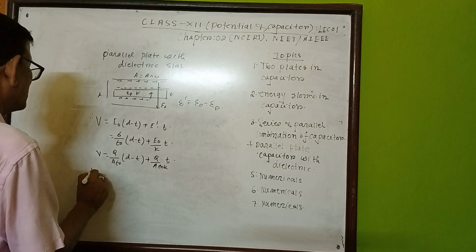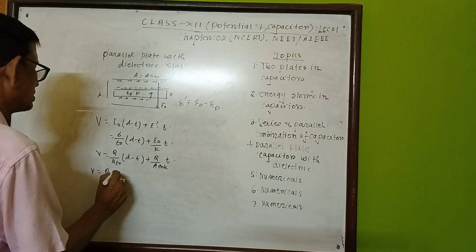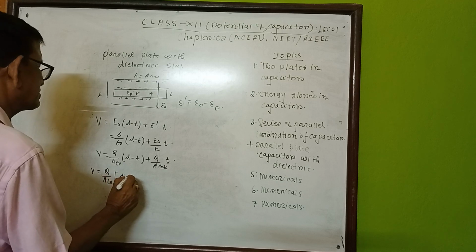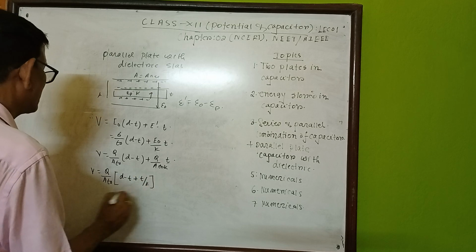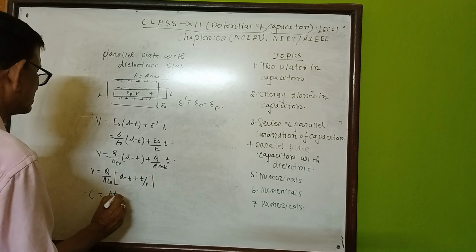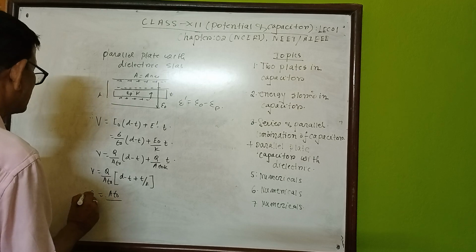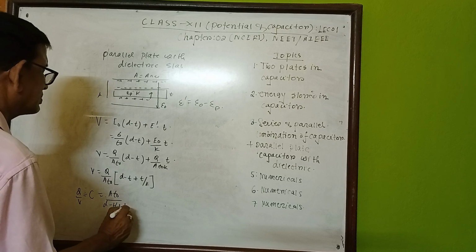You are writing V equal to Q by A epsilon naught common. In the bracket you are getting D minus T plus T by K. So C, that is equal to Q by V, is coming A epsilon naught by D minus T into 1 minus 1 by K.